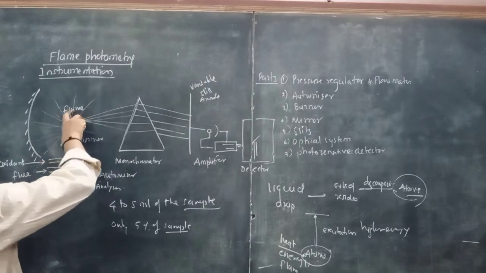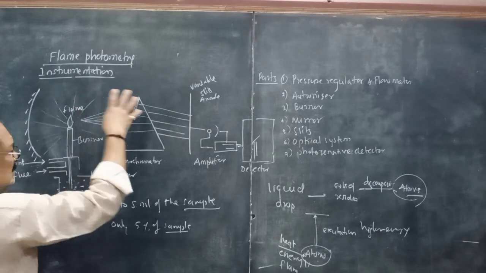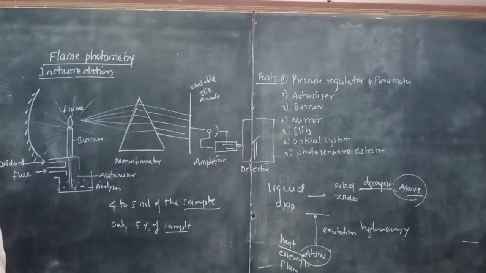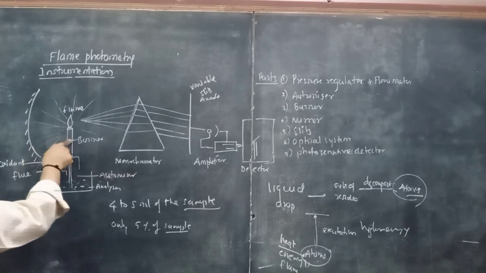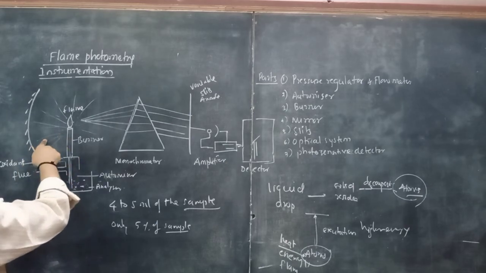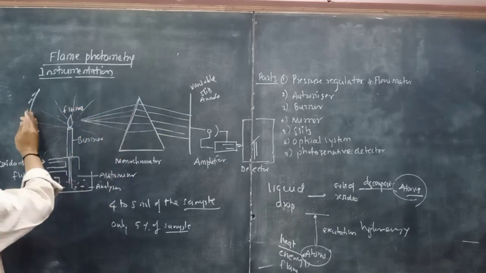When the radiations are allowed to spread out completely, they cannot reach the detector or optical system. Therefore, what is to be done? In order to increase the amount of radiation reaching the detector, a concave mirror is placed just behind the flame, facing the monochromator.